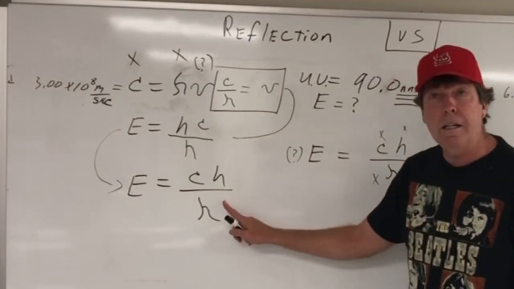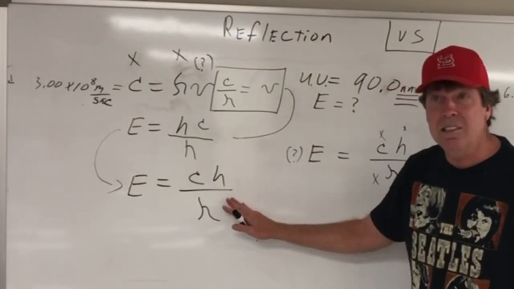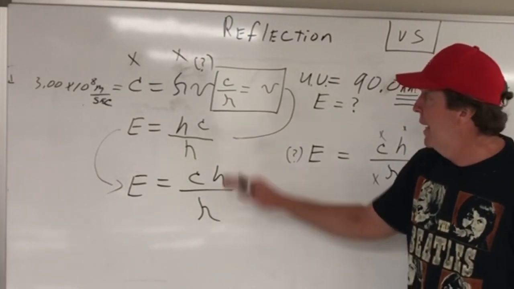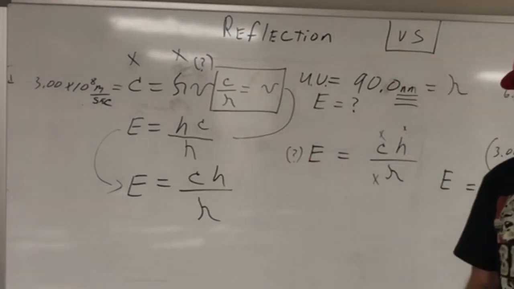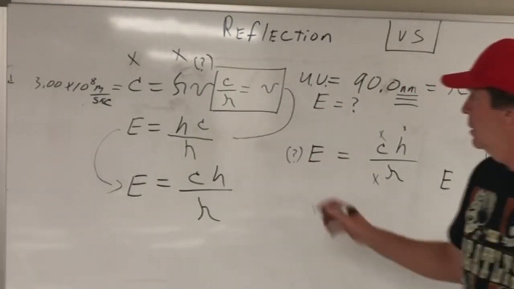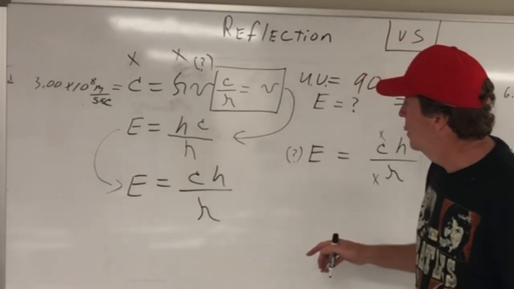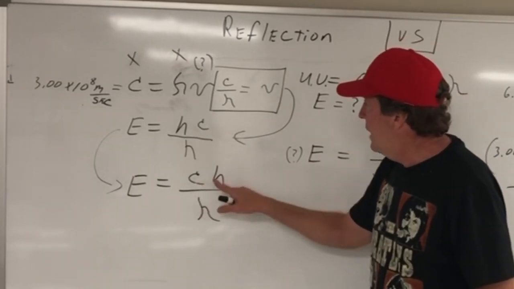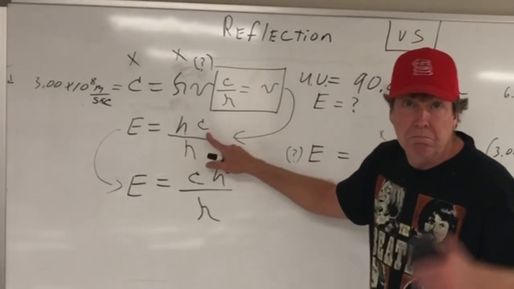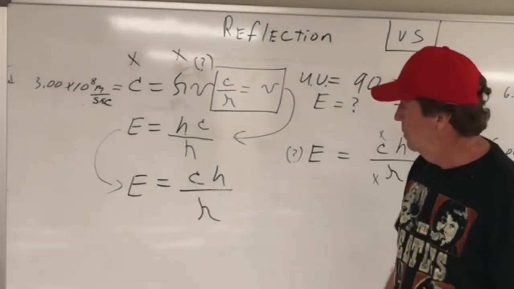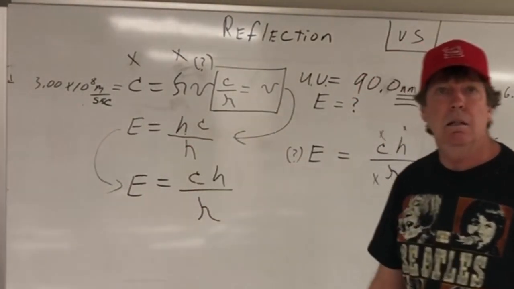Notice earlier I said this is an algebraic combination of these two, and that's how that's done. HC over lambda.